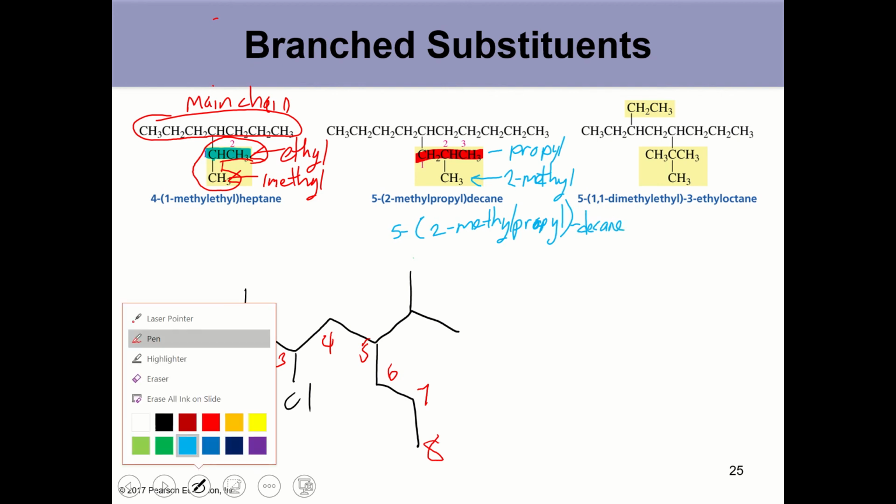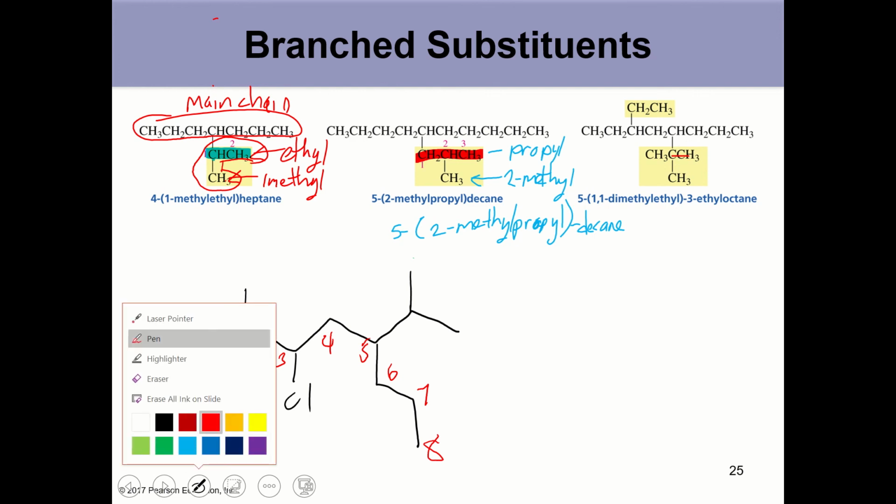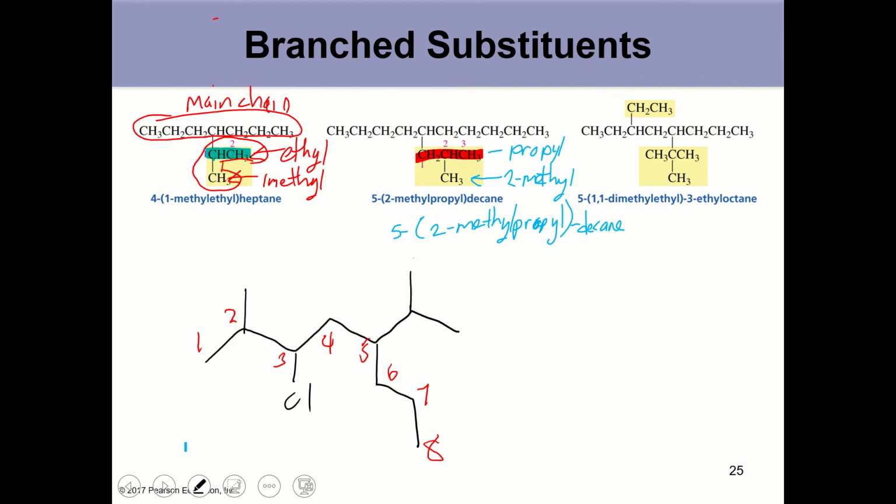Then looking at the next example, highlighting the longest chain, the longest continuous set of carbons in this branch, with a highlighter, is 2 carbons.